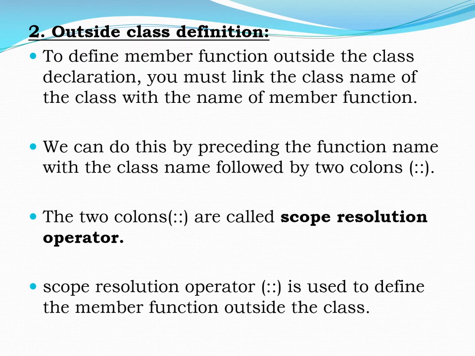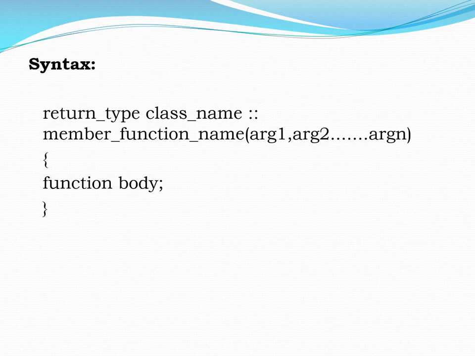Now we will see the general syntax of how to define a member function outside the class. The general syntax starts with the return type, followed by the class name, and then a double colon, that is the scope resolution operator.